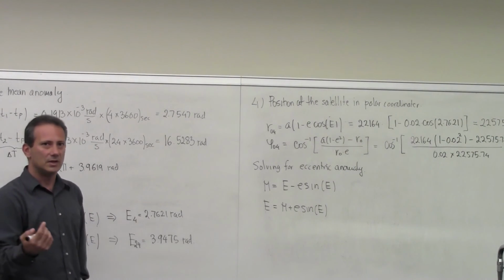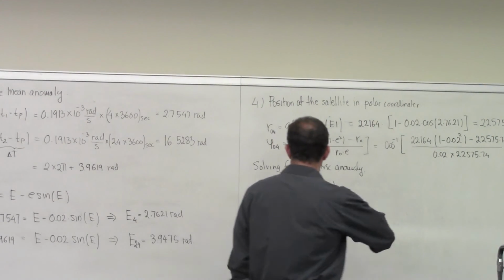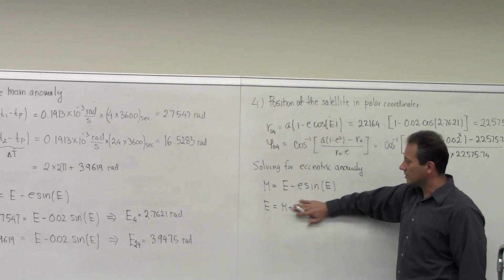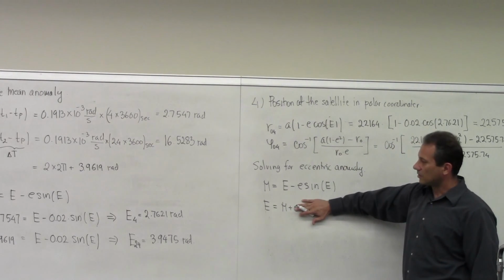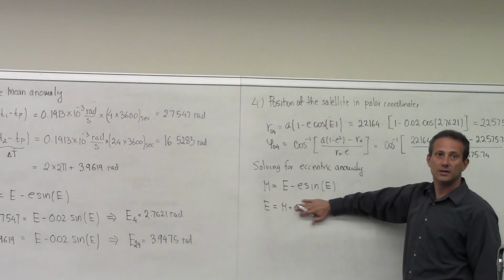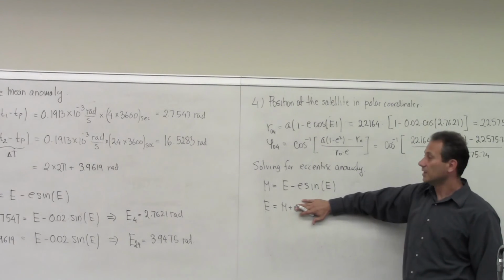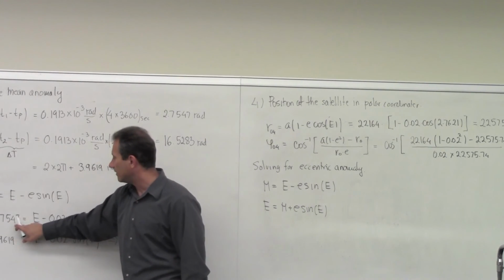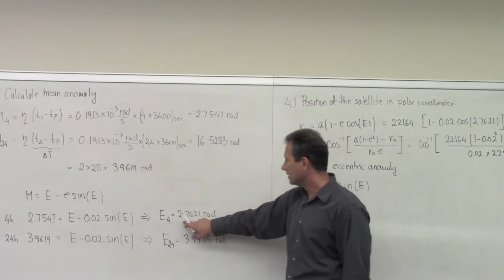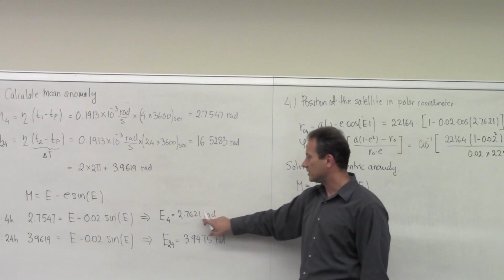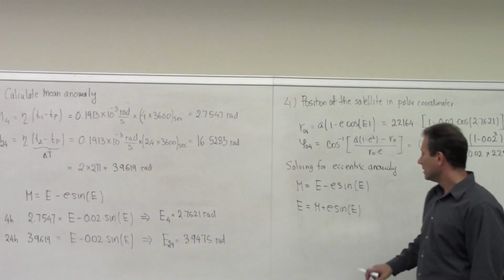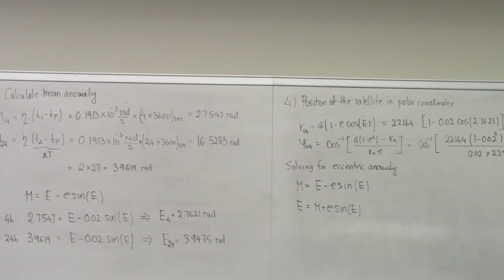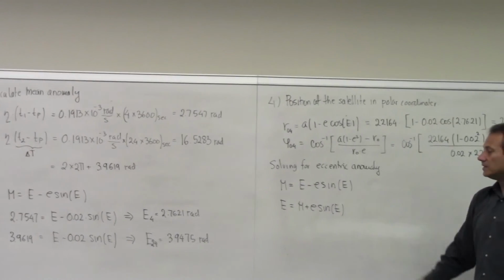So if e is relatively small, in the first approximation, E and M have to be close to each other. If you look at my solution here, M was 2.7547, and the solution was 2.7621. So from this standpoint, I can form an iterative process.